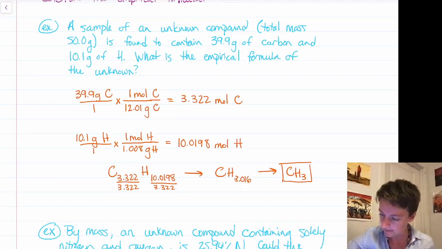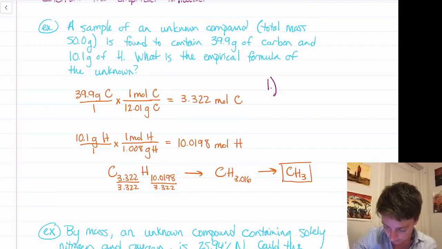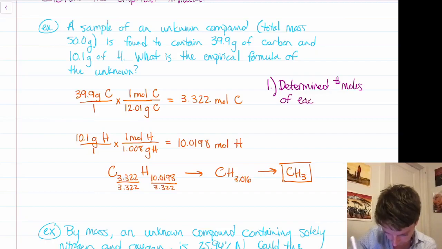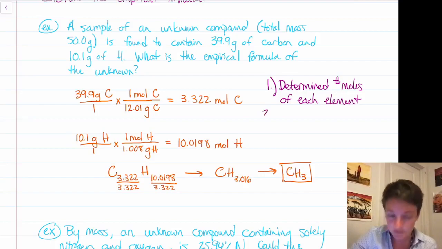Again, the steps that we did to complete this problem were: first, we determined the number of moles of each element that was present. Secondly, we computed the mole-to-mole ratio.